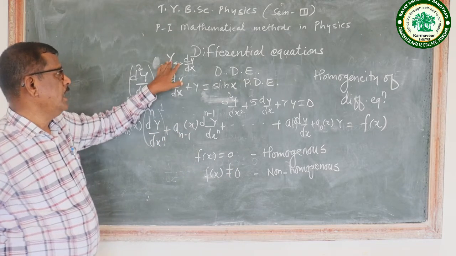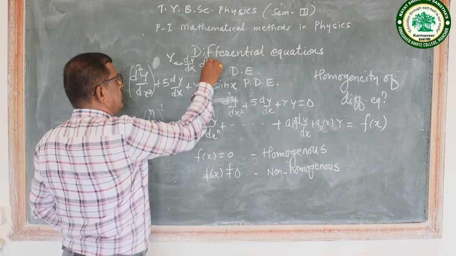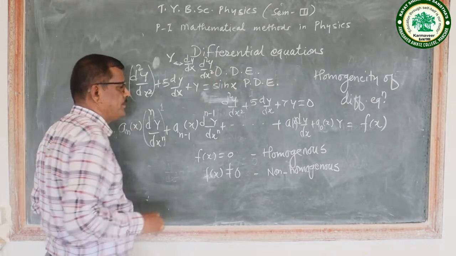Secondly, here y is there, dy by dx is there, next differentiation, that is d2y by dx square is there.